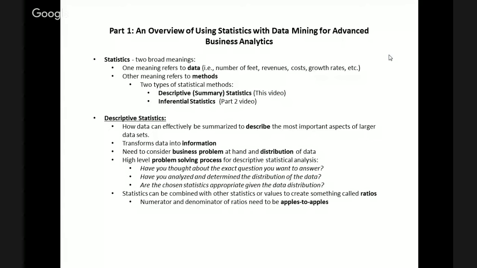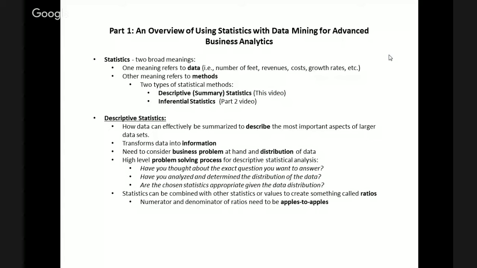Regarding the descriptive statistics technique, the problem-solving process for summary statistical analysis really has three parts. The first one is, have you thought about the exact question that you want to answer? The second part is, have you analyzed the data distribution? So for example, is it normal? Is it positively skewed?